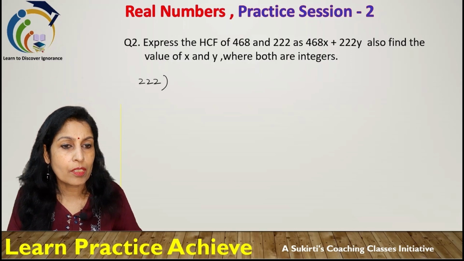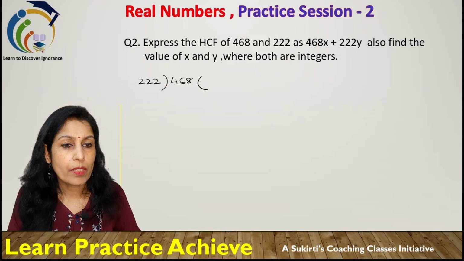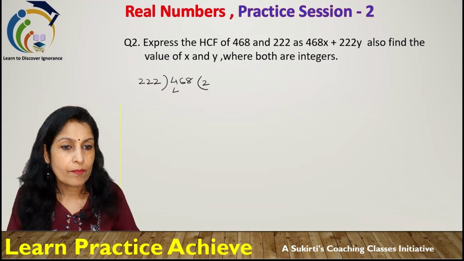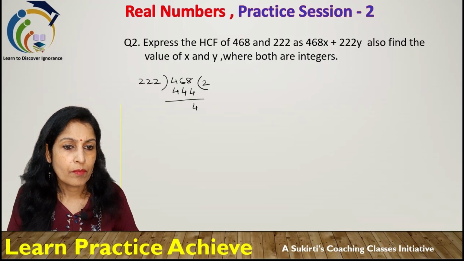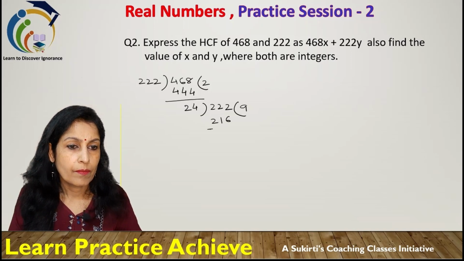So 222 and 468. When we divide, 2 times 222 is 444, then the remainder is 24, then 9 times 24 is 216, the remainder is 6, then 6 times 4 is 24.